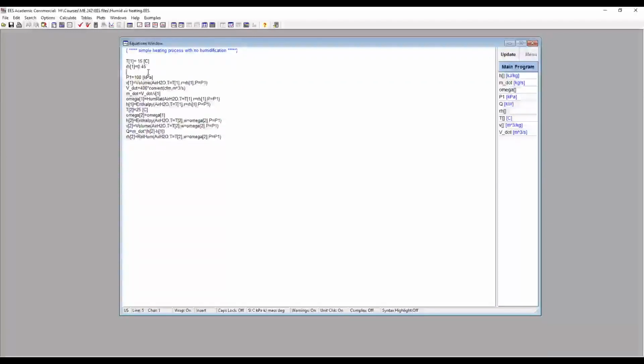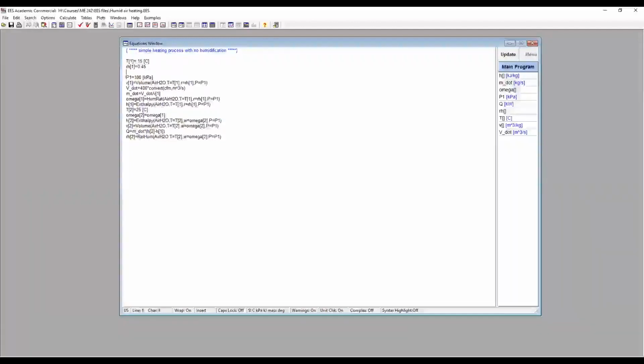So the second line, RH for relative humidity. You can change it to phi. It's fine. If you type lowercase phi, EES will recognize it as the Greek symbol phi, but RH is also as good. So relative humidity at state 1 is 45%. There's no unit for this.